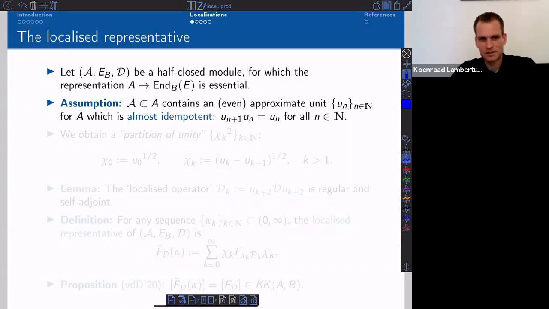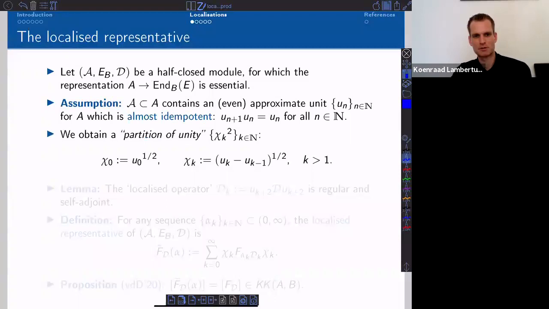In general, if A is a separable C-star algebra, the C-star algebra always contains such an almost idempotent approximate unit. So this is not an assumption on the C-star algebra, but on the dense subalgebra. We assume that this almost idempotent approximate unit is contained in our dense subalgebra of differentiable elements. It's not clear if this is always true in any dense subalgebra.